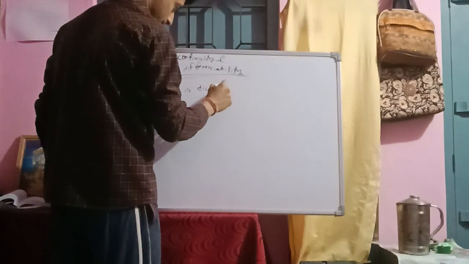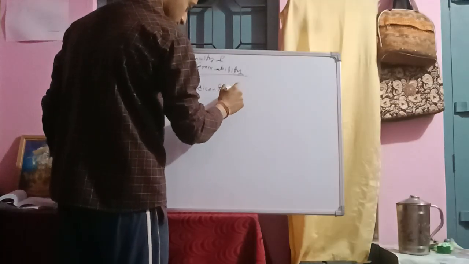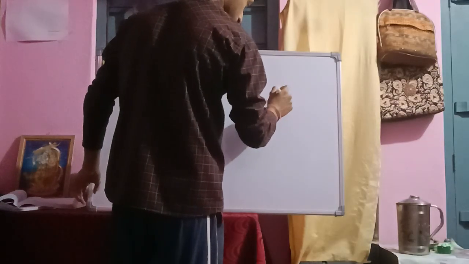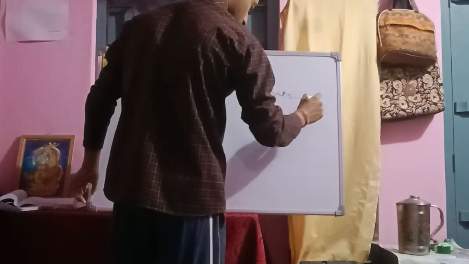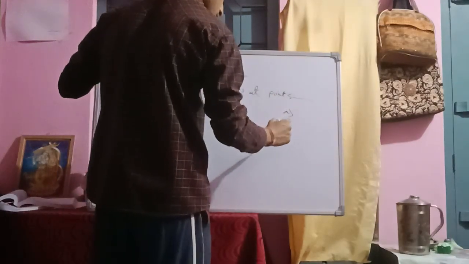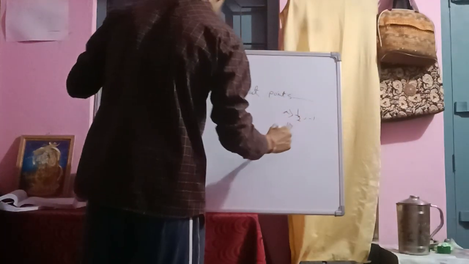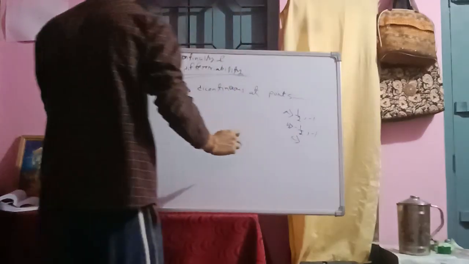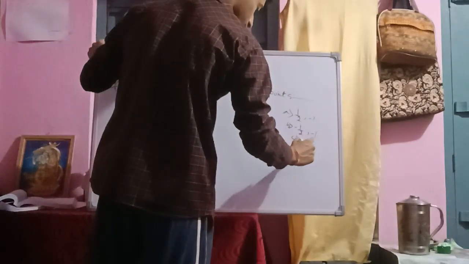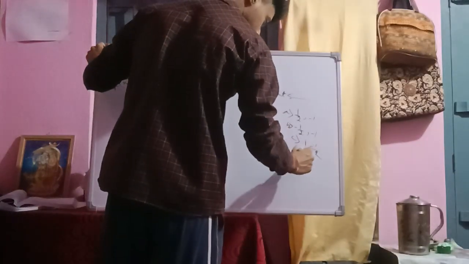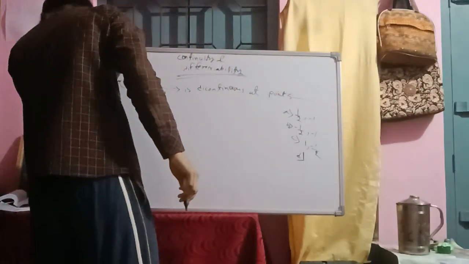This is discontinuous at points, our options are: a, 1 over 2 comma minus 1; b, minus 1 over 2 comma minus 1; c, 1 comma minus 1 over 2; and d, 1 over 2 comma 1.